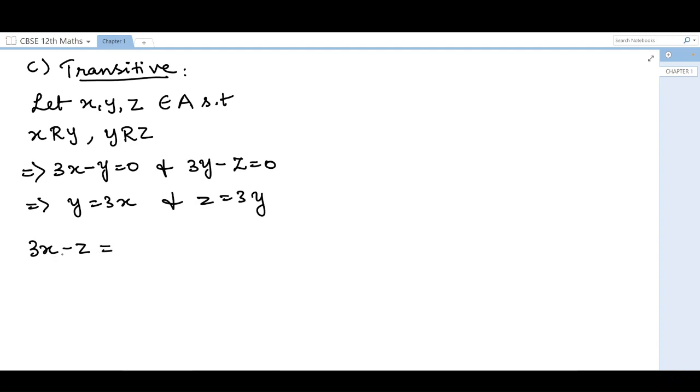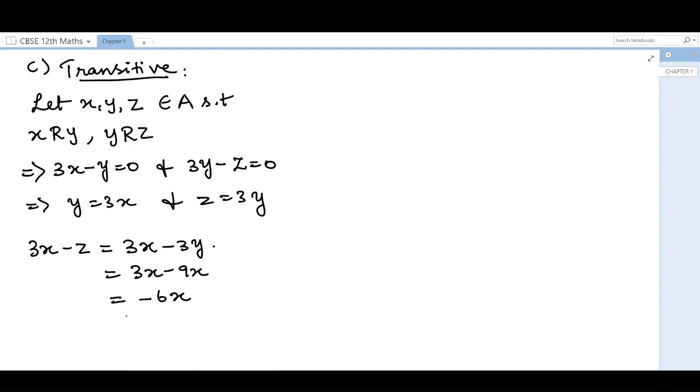But 3x minus z can be rewritten as 3x minus 3y, but y is equal to 3x. So this can be rewritten as 3x minus 9x, which is equal to minus 6x.